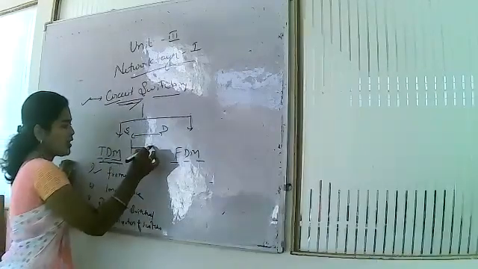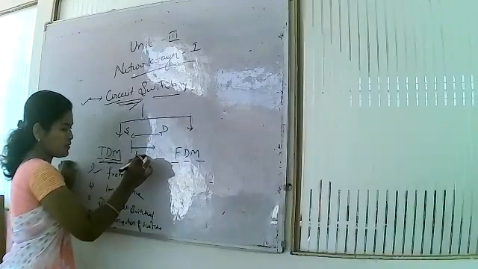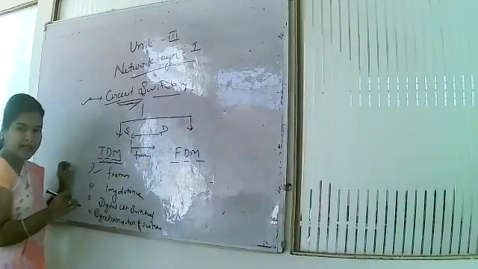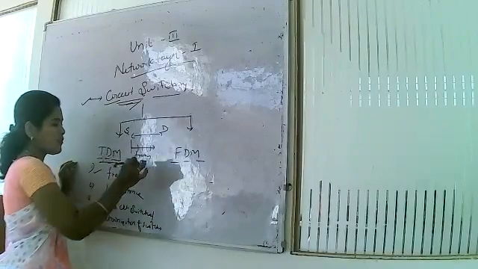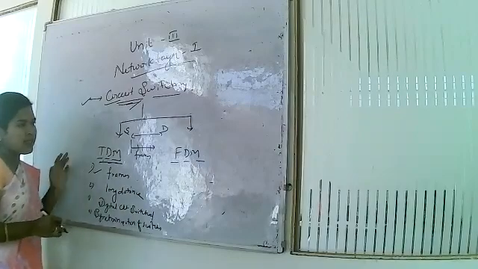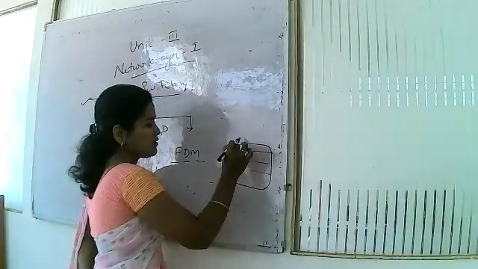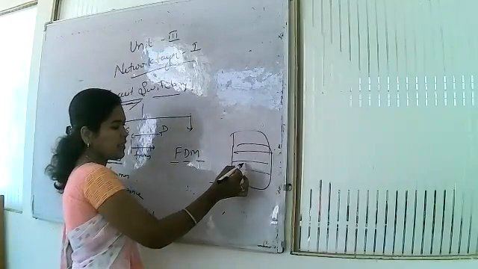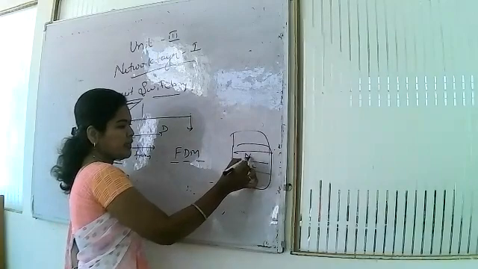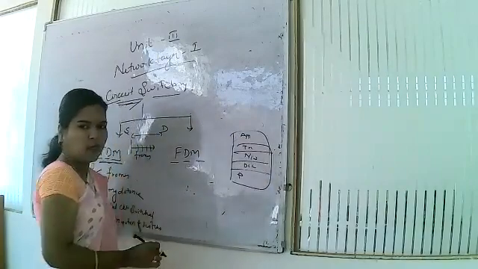In this one, data is transmitted in the form of what? Frames. Means the packets which are going to send data, that is divided in terms of what? Frames. Already we have studied that. We are having 5 layers: physical layer, data link layer, network layer, transport layer, and application layer.